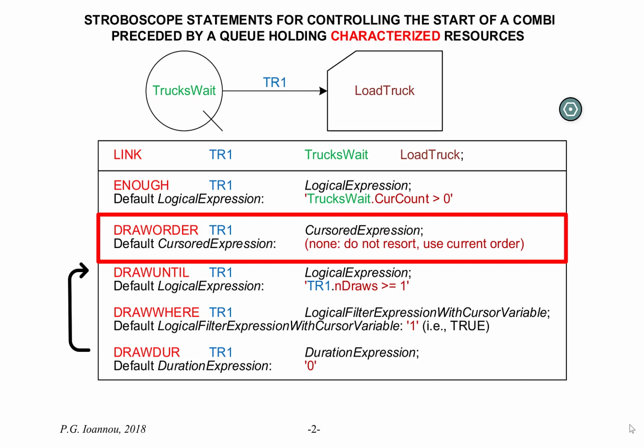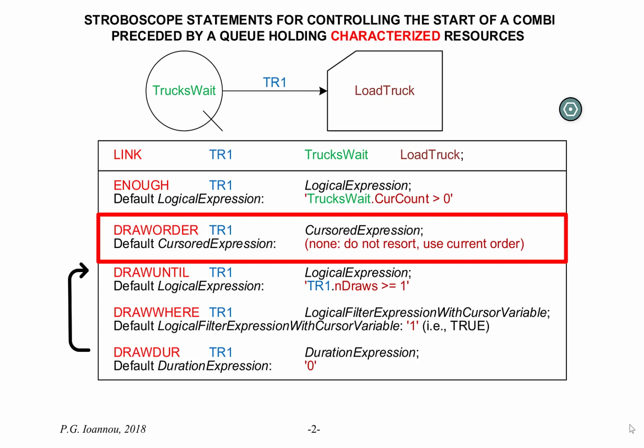In essence, the statement draw order sorts the resources in queue truck's weight using the cursor expression as the sort key. Similar to discipline, resources for which the cursor expression is smaller go to the front of the queue, and resources for which the cursor expression is large go to the back of the queue.